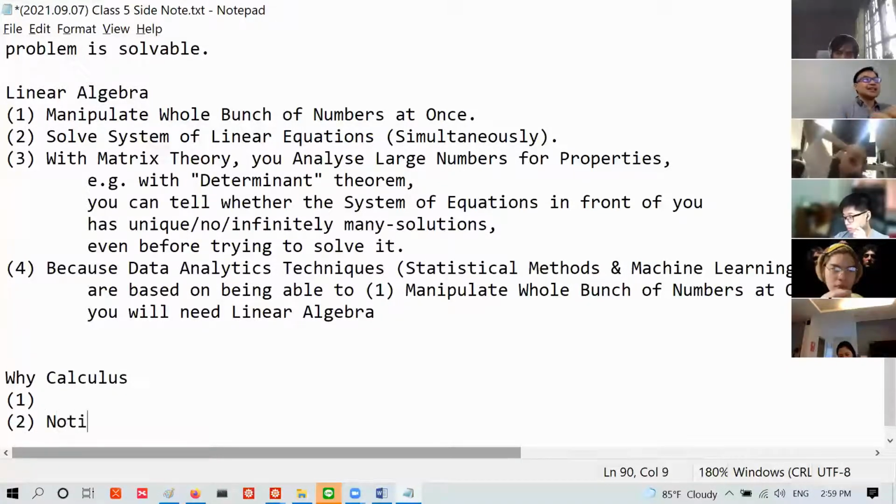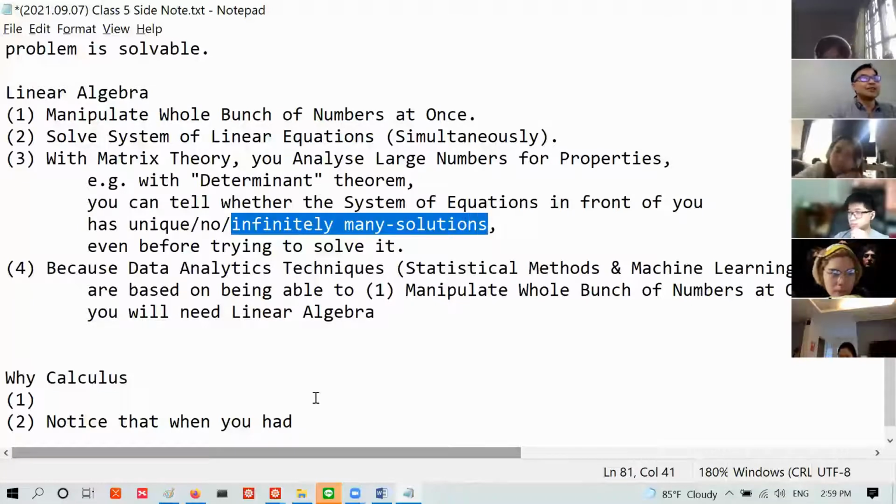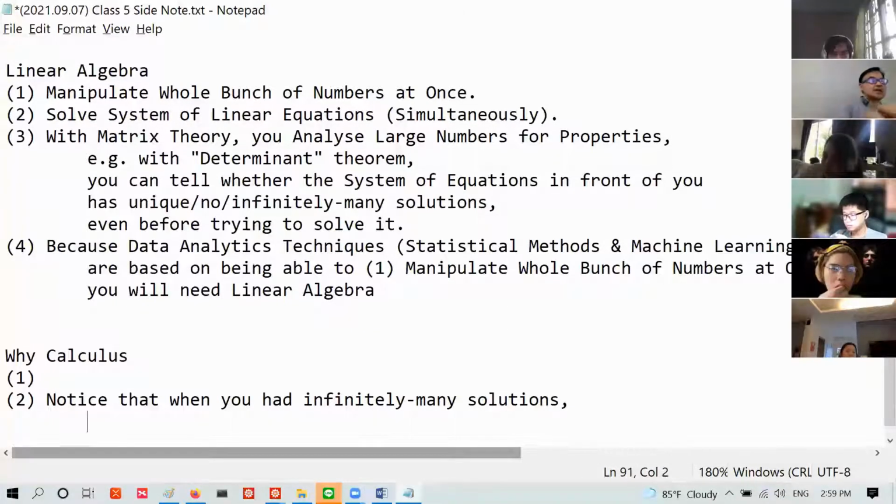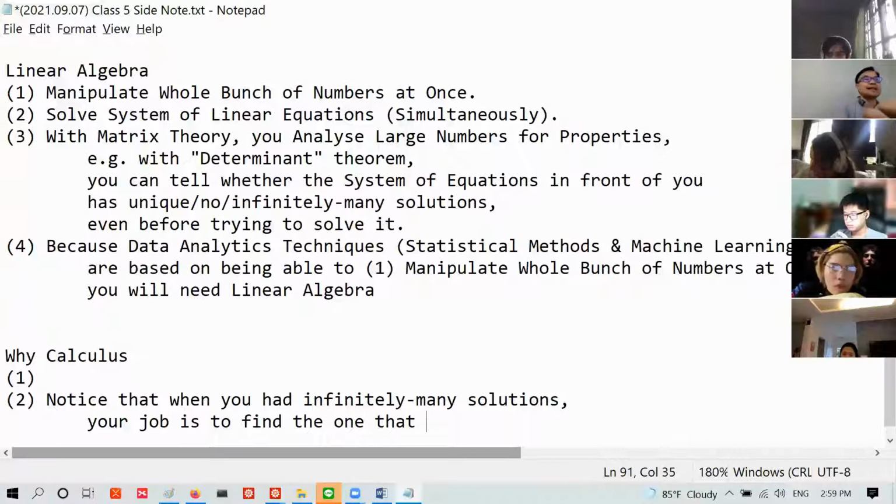Notice that when you had infinitely many solutions, your job is to find the one that is somehow best with respect to some kind of criteria.